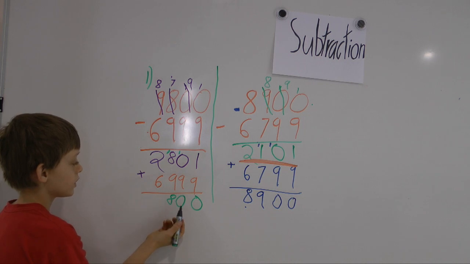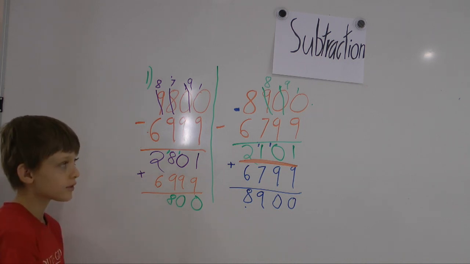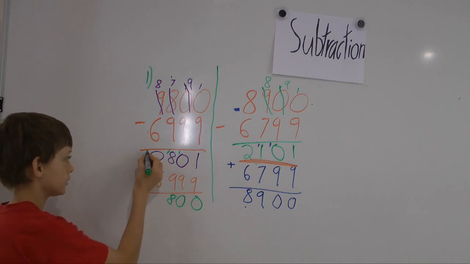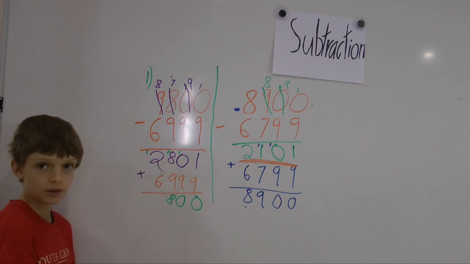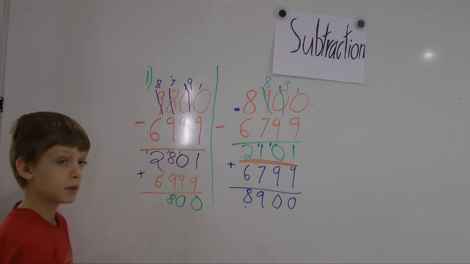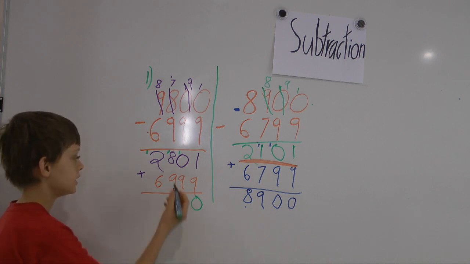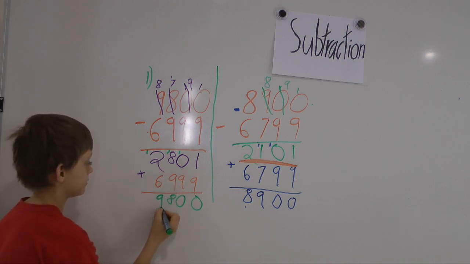And we put the 8 in the 100's column, and the 1 goes to the 1,000's column. We can only put one digit in each column. Now it is 1 plus 2, which is 3, plus 6, so it's 3 plus 6, which is 9.